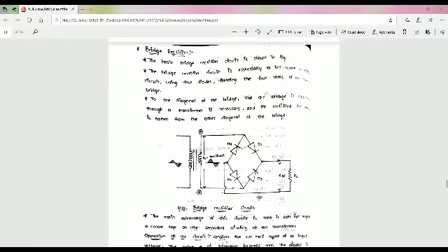Okay, parameters, expressions for the various parameters. The bridge rectifier circuit is basically a full wave rectifier. All the characteristics discussed previously for the full wave rectifier circuit using two diodes are the characteristics of the bridge rectifier circuit.